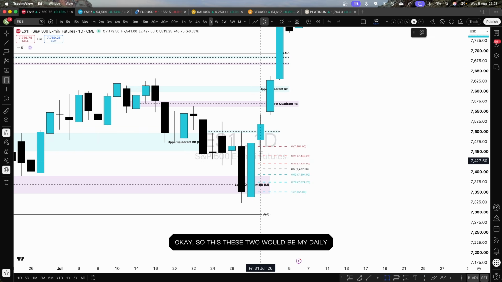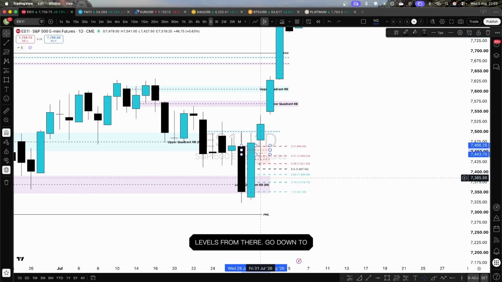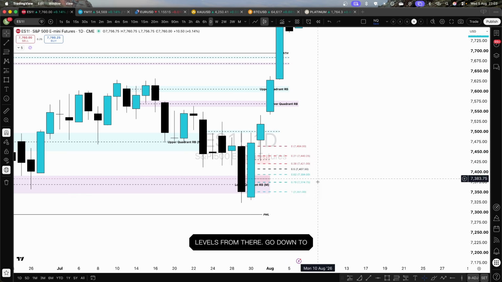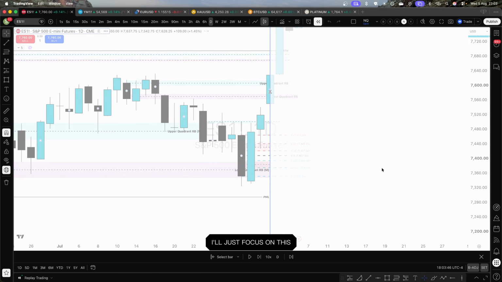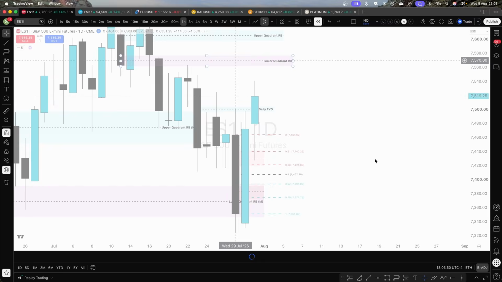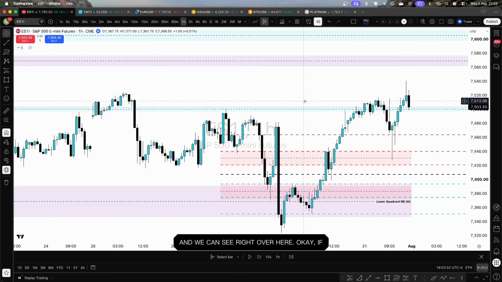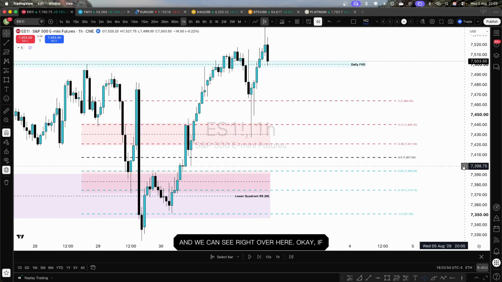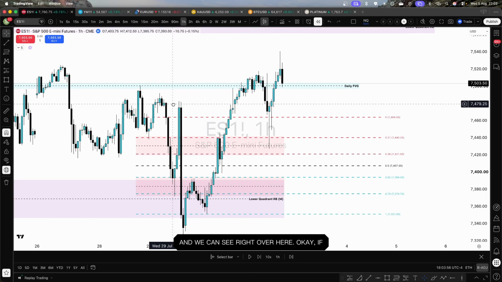Okay, so these two would be my daily levels. From there, I'd go down to the hourly time frame. Okay, I'll just focus on this, and we can see right over here.